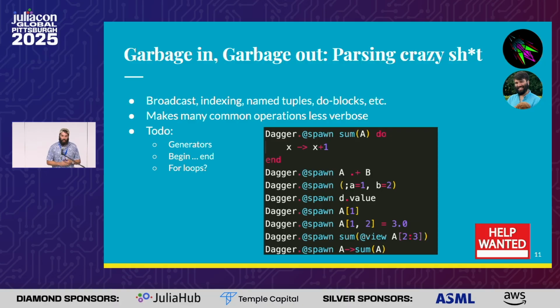We're also taking a look at the possibility of implementing support for generators or list comprehensions, begin end, which if you've used Threads.@spawn, this is what Threads.@spawn does. It's just a big block of code. We want to be able to support that with @spawn. And potentially for loops, what would that look like? I don't know. This is something maybe we need to discuss.